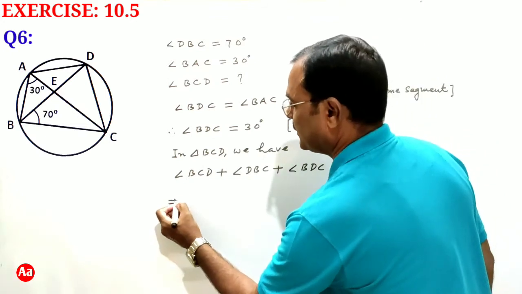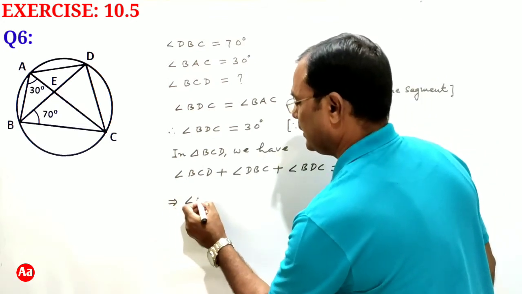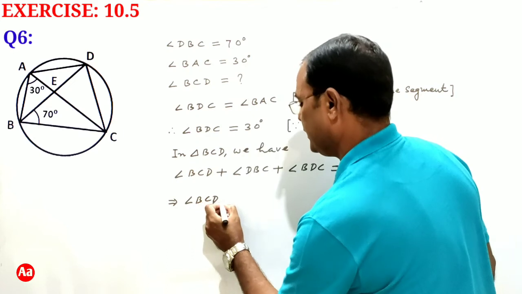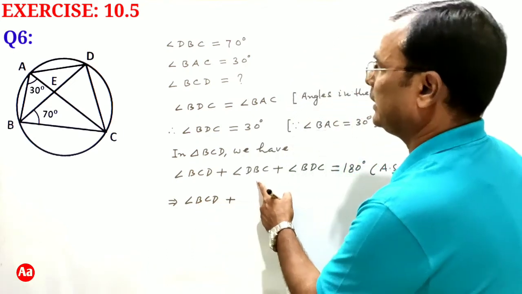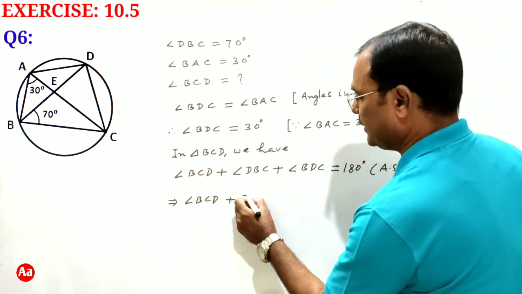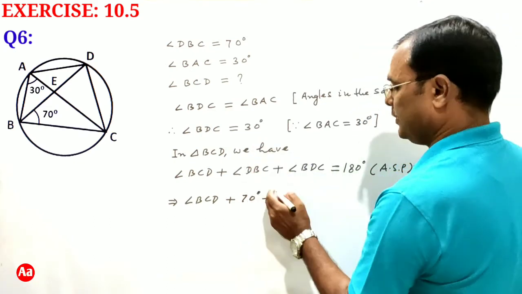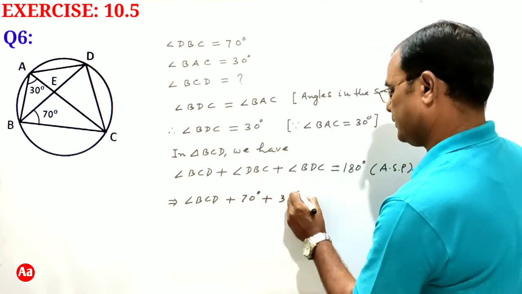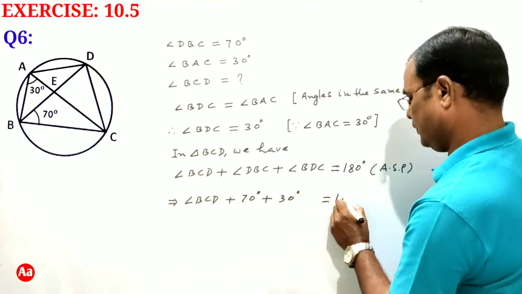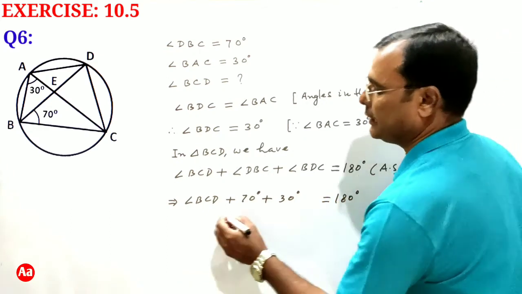This implies angle BCD plus angle DBC, which is 70 degrees, plus angle BDC, which we have got 30 degrees, is equal to 180 degrees.